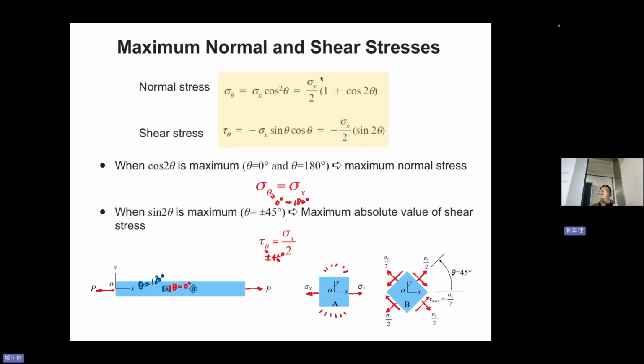You are just rotating the observation axis. So don't think that if you draw the stress element in a different direction, you change the value at that point. No. The stress status at that point is all the same. I mean, the angle at which you draw these squares does not affect the stress state at that point. You only change your observation coordinates. You draw different components, but the actual stress state at that point is exactly the same and does not change.